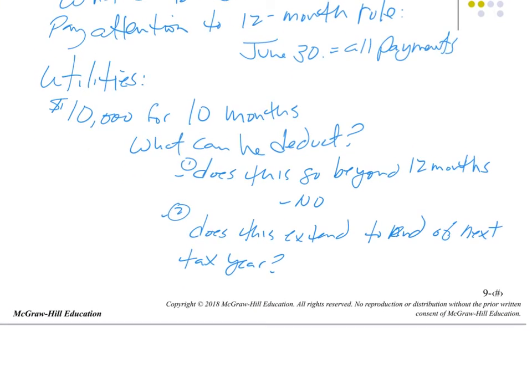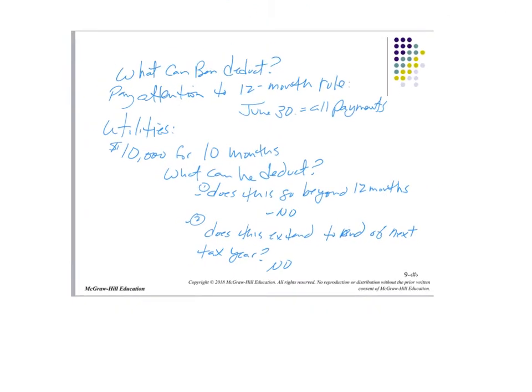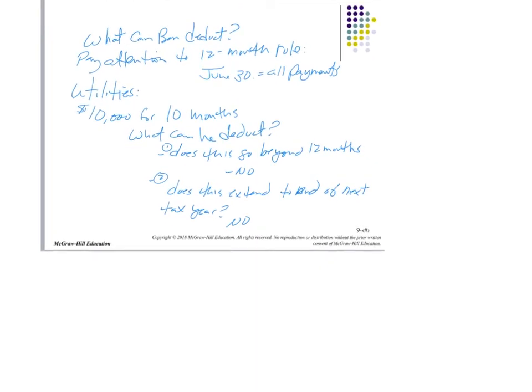So you've got June 30th and you've got 10 months. If you're at June 30th this year, 6 months gets you to the end of this year, and then you've got 4 additional months that takes you into April of next year. Does that extend to the end of next tax year? No. So what can he deduct?